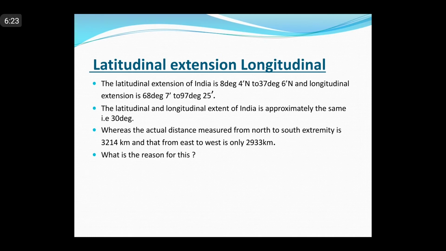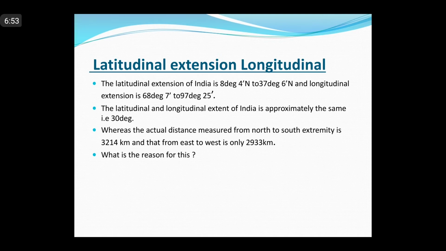This difference is due to the fact that the distance between two longitudes decreases towards the poles because of convergence of meridians, whereas the distance between two latitudes remains the same everywhere. This is the reason that the latitudinal longitudinal extent is almost the same, that is 30 degrees.